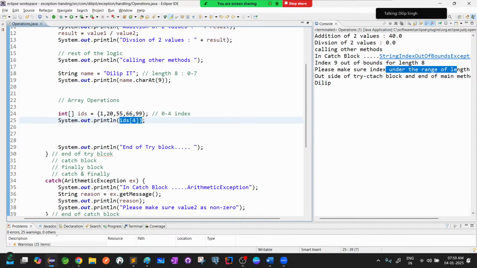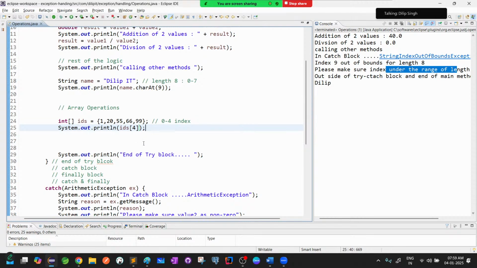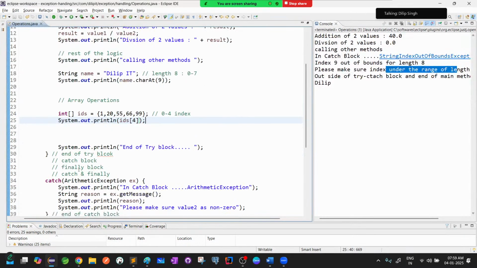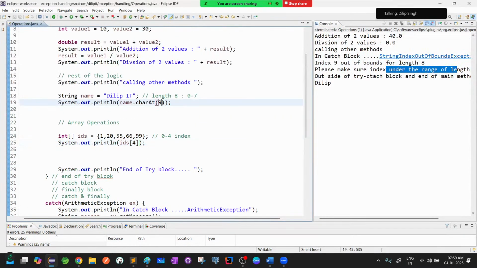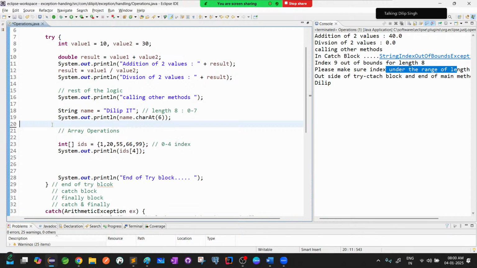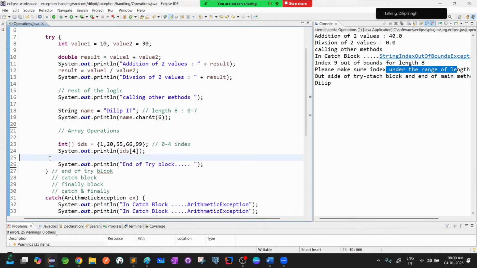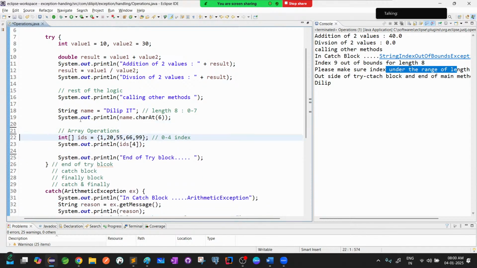The 99 value is picked up here and that is what is printed next. That is okay. But my point here is, I'll make sure index 5 or 6 is given. So what will happen now from my logic point of view, no exception.